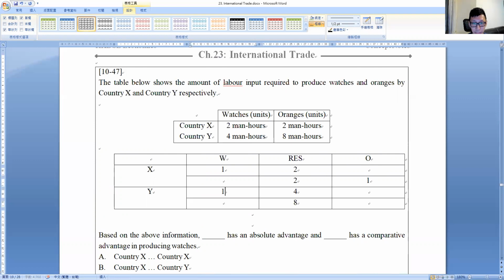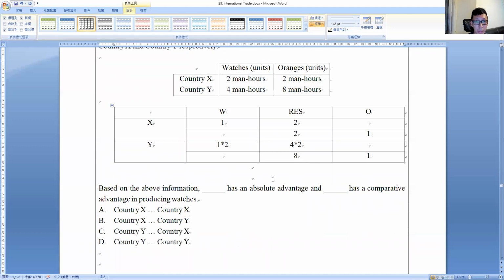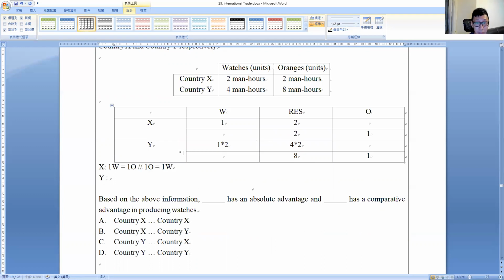You see, country X, you don't need to do anything, while country Y, you just times 2. Then here we get, not A, but country X: 1 watch, 1 orange, or 1 orange, 1 watch. While country Y will be 1 watch, 0.5 orange, or 1 orange, 2 watch.